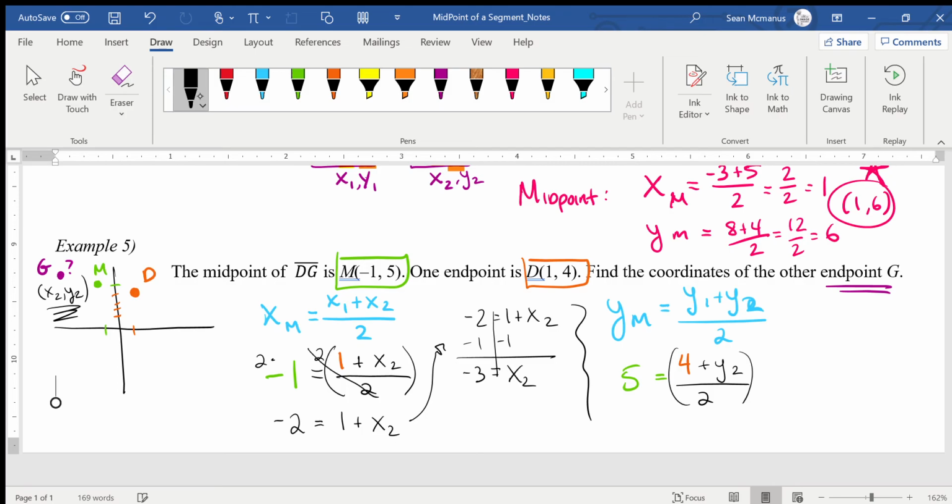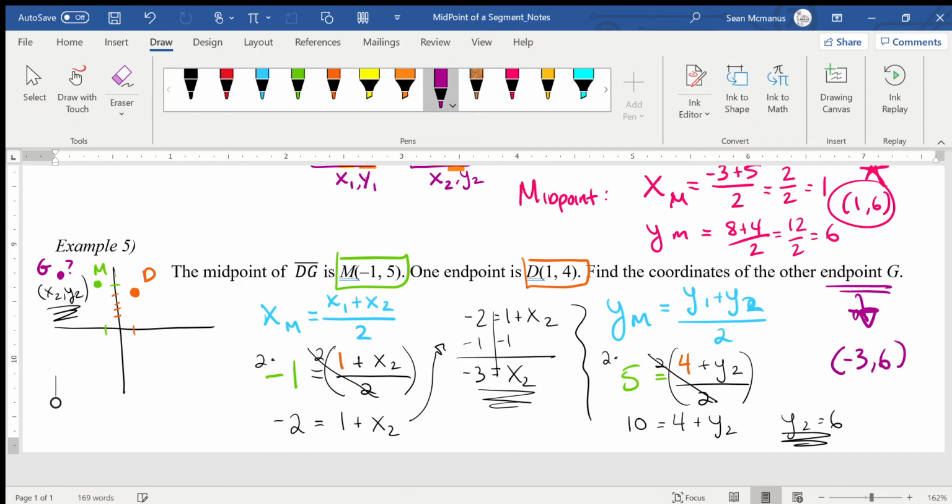So I'm going to multiply this by 2, do the same over there, and I get 10 equals 4 plus y2. So subtract 4 from both sides, and the y2 has to equal 6. So I know x2 and I know y2. So I know that endpoint G, the coordinates are negative 3, 6.